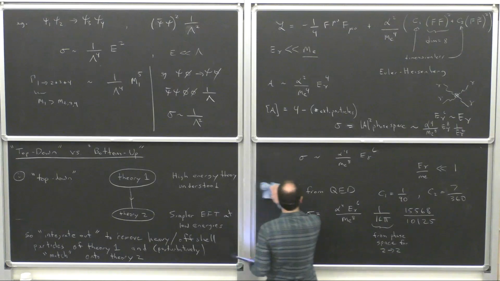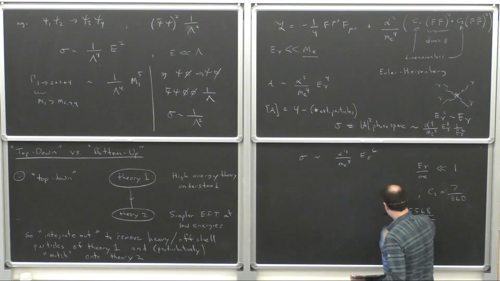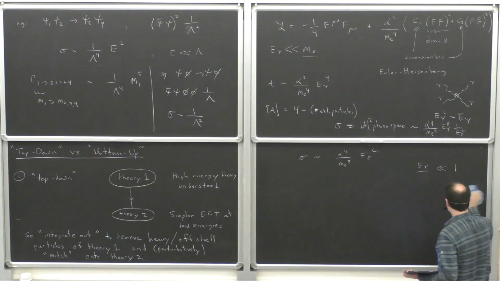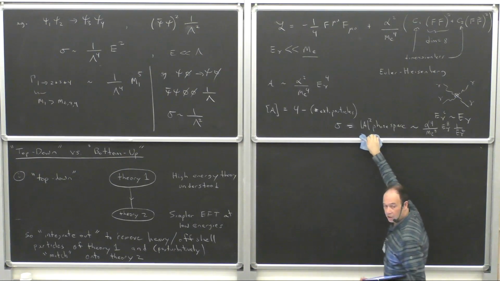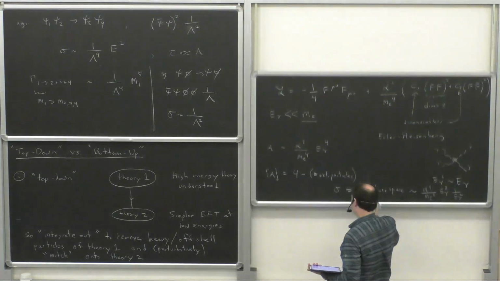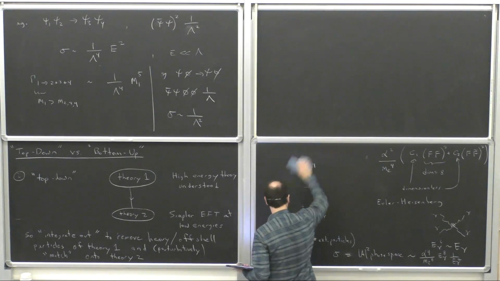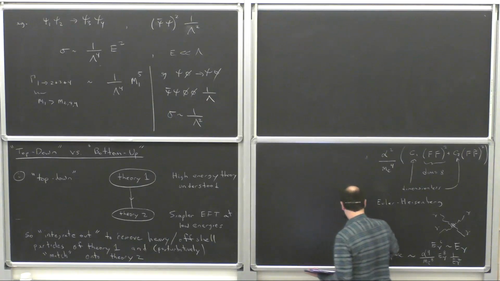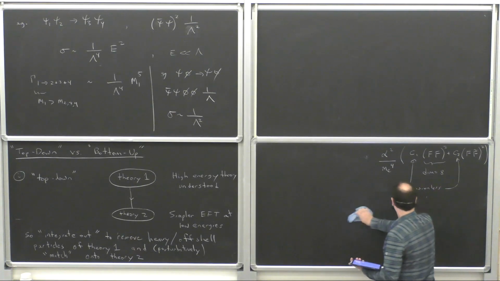When we do this matching, because we have total knowledge of theory 1, we can construct the operators from our knowledge of theory 1, as well as the coefficients. So theory 1 is providing us with a handle to construct the effective field theory.